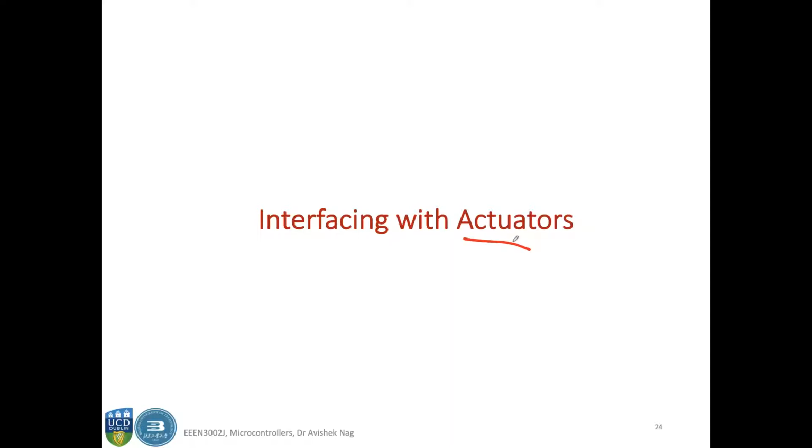In the last video lecture, we were talking about how in an IoT environment you have sensors and actuators. Sensors are the devices that sense some physical quantities like temperature, pressure, humidity, and so on, and then convert those quantities into an electrical signal.